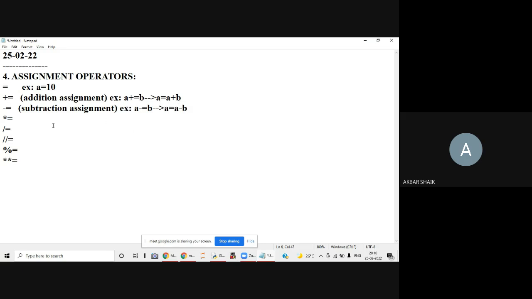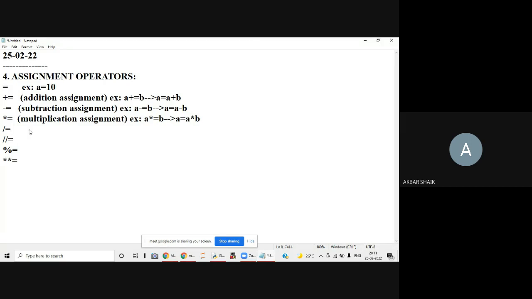Next thing is multiplication assignment. What is meant by multiplication assignment? Multiply then assign. Example, a star equals to b. This is nothing but a equals to a into b. First we are multiplying these two, then we are assigning.